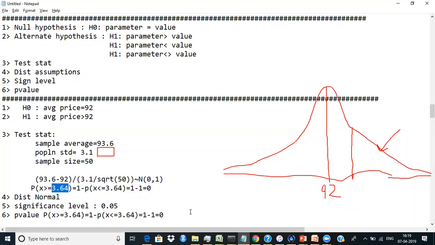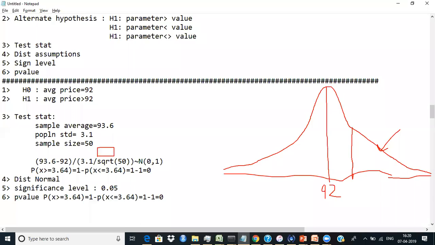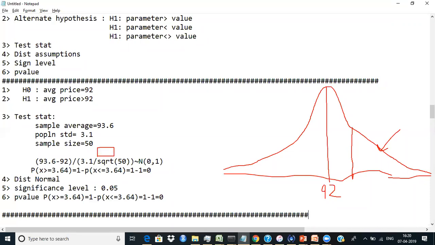Now, if this p-value is less than your significance level, you will reject the null. If this p-value is greater than your significance level, you will accept the null. So forget about these 6 things. The only thing that you should remember in hypothesis testing is one particular line.